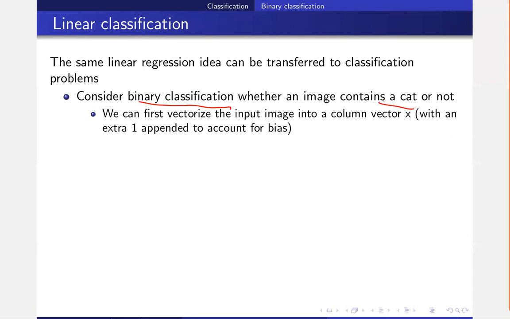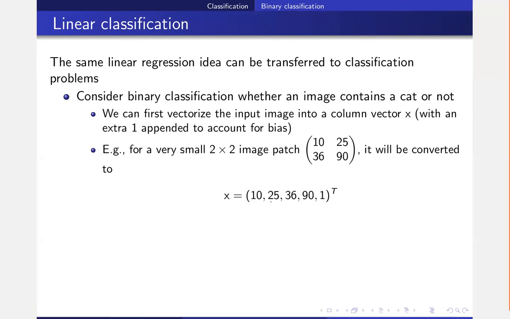That would be binary classification, just yes or no. And I can create a binary classifier just as I did earlier with regression, by adding something similar to an artificial neuron's activation function.